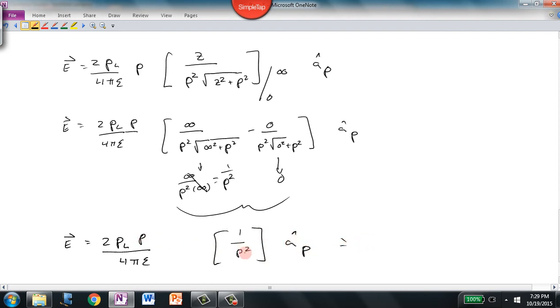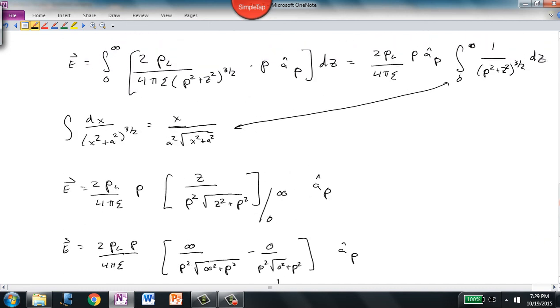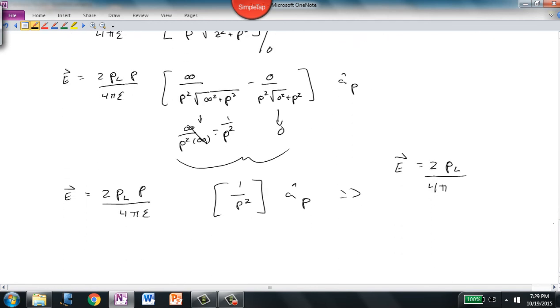The rho here cancels with the rho squared, and we're left with the final form: the electric field strength at a point P due to an infinite line of charge is equal to 2 times the linear charge density divided by 4 pi epsilon rho a hat rho.